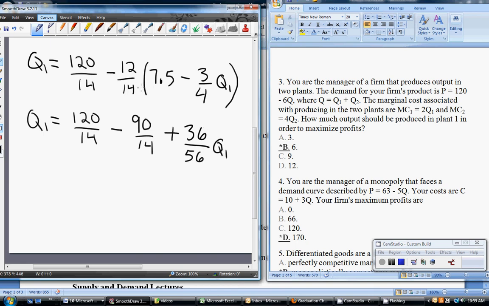Okay, so multiplying what's in parentheses here by minus 12 divided by 14, we get these results.